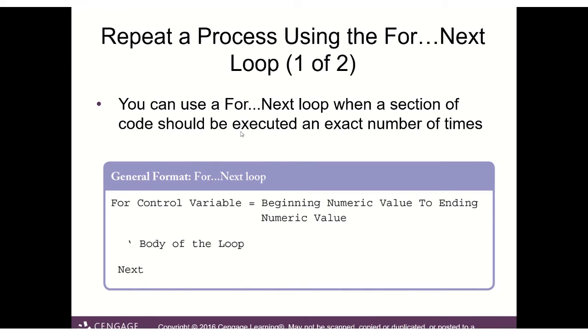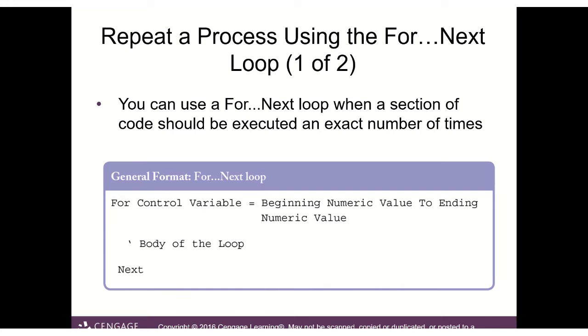So you can see here a repetition of the process. You can use a For...Next loop. The syntax is For and then Next. With For, you have the control variable, whatever it is, from a beginning numerical value to an ending numerical value.